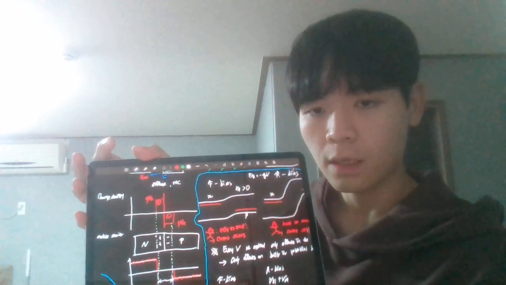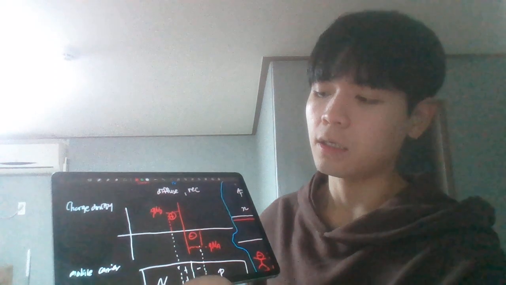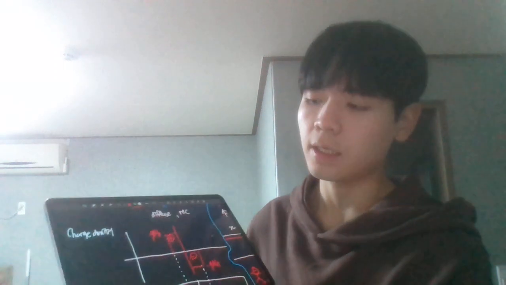And when it occurs, the charge density, especially for the curved region, this region, on the left side is Q times N_D, which is the amount of donors times the plus charge.